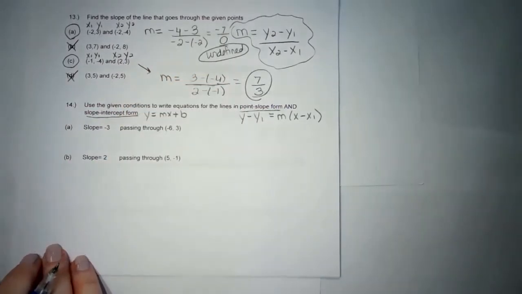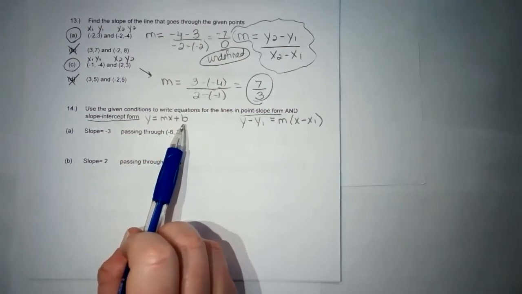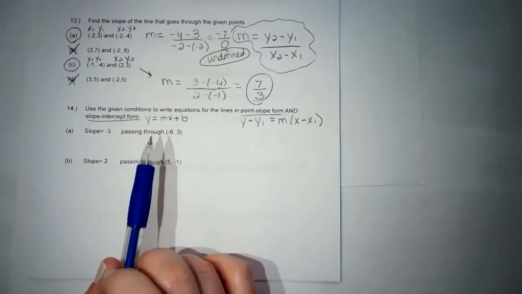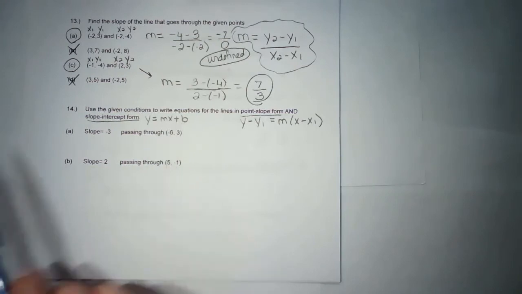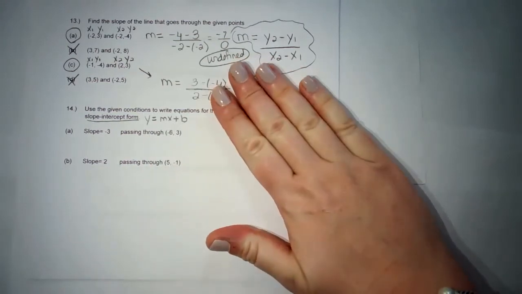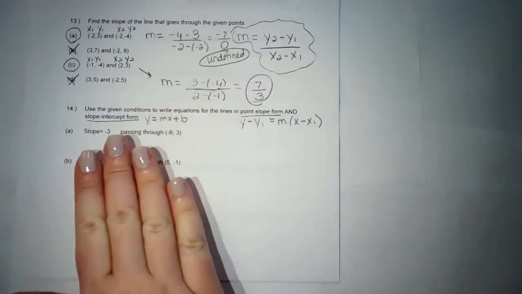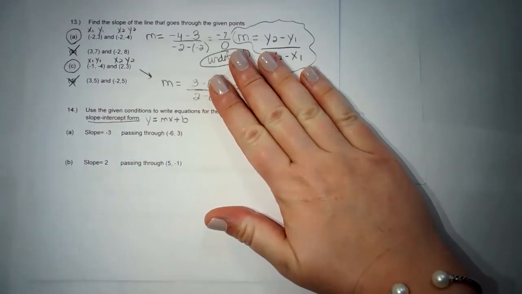Now here's the deal. You can't get to mx plus b form unless you have a y-intercept. You are never going to be given a y-intercept. So even if it never mentions point slope and all it says is, give me slope intercept form, and this is what it gives you, be smart enough to remember you don't have the right information.